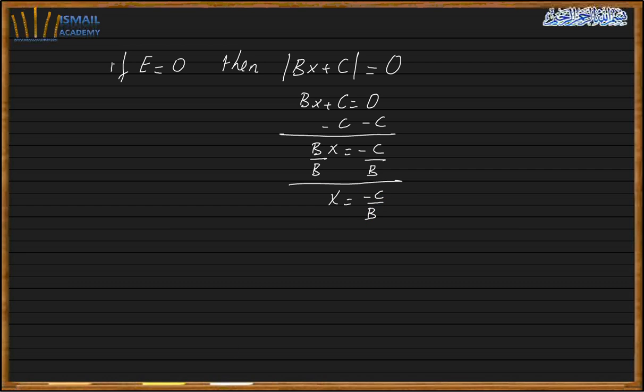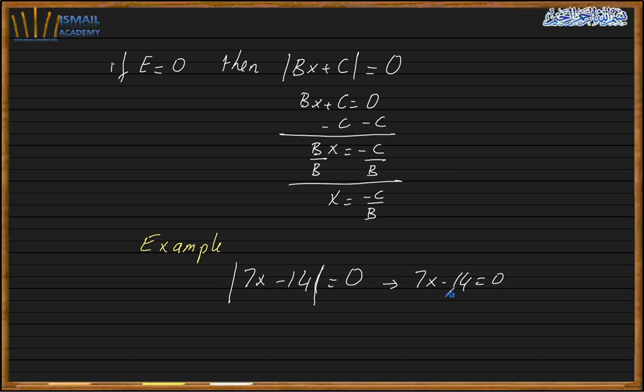For example, let me give you an example. If I want to solve 7x minus 14 equals 0, the only number whose distance from 0 is 0 is just 0 itself. So that means 7x minus 14 is equal to 0.